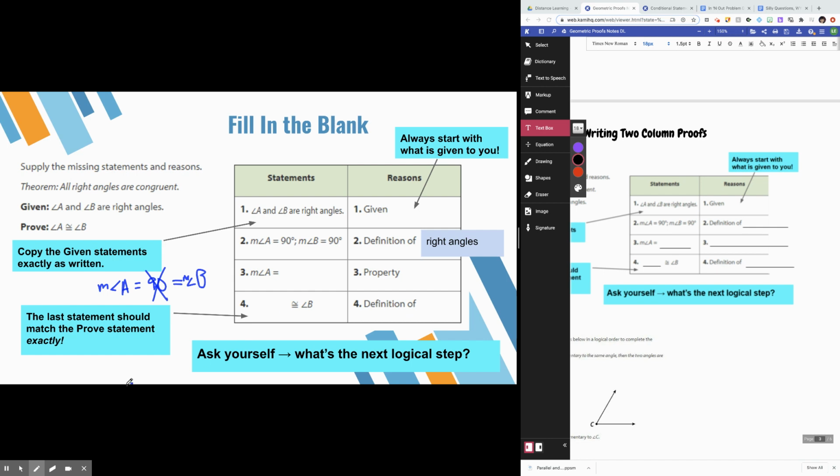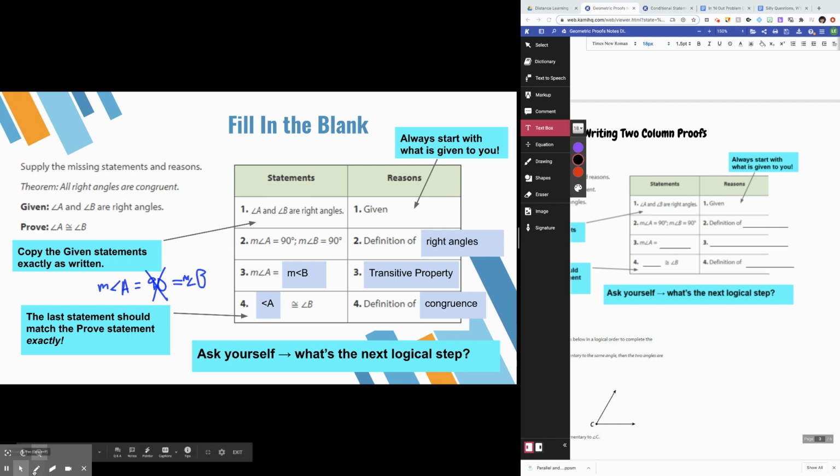We're going to cut out the middleman here and say that the measure of angle A is equal to the measure of angle B. So that's my statement, and the reason for that is the transitive property. Okay, all right, so now I've just got one more step, and I have that these angles are equal. So now I just have to say, well, if they're equal, then that must mean they are congruent. So angle A is congruent to angle B because of the definition of congruence.